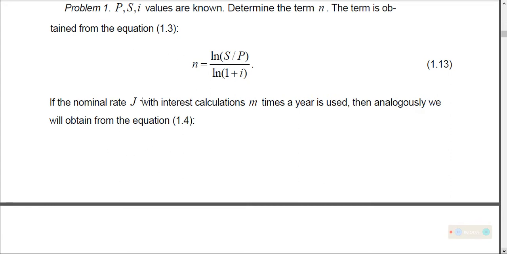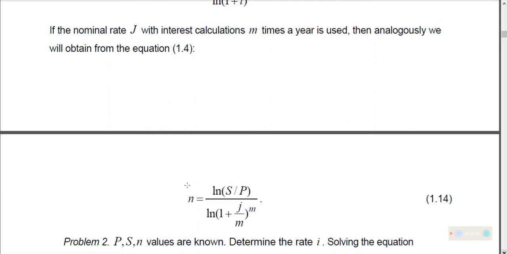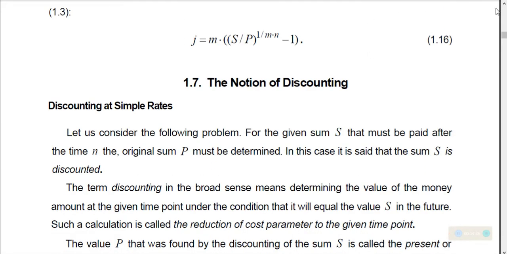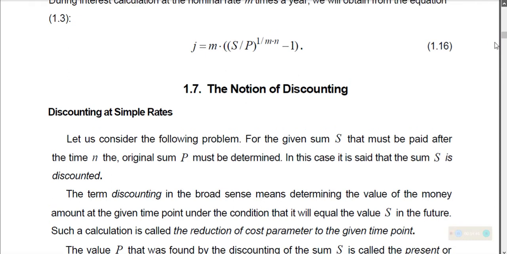So, if the nominal rate J with interest calculations M times a year is used, then analogously, we will obtain from the equation 1.4, ito fresh pa to, kakagawa lang natin, N is equal to ln S over P over ln 1 plus J over M raised to M. Okay, so, lalag na naman siya.